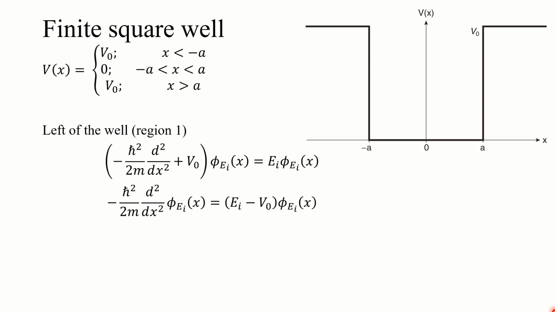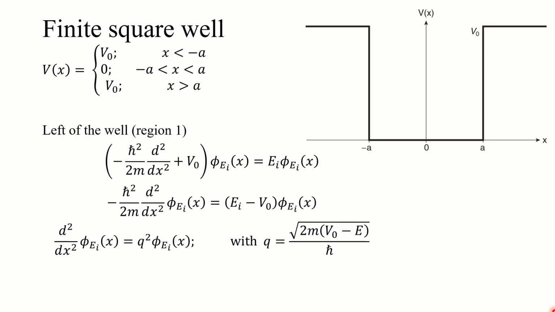We can simplify this, similar to what we did with the infinite square well potential. It can be rewritten as the second derivative of our eigenfunction equal to some constant squared times our eigenfunction, where we've defined that constant q to be this. We've brought the negative inside the bracket, so it's now V naught minus E.